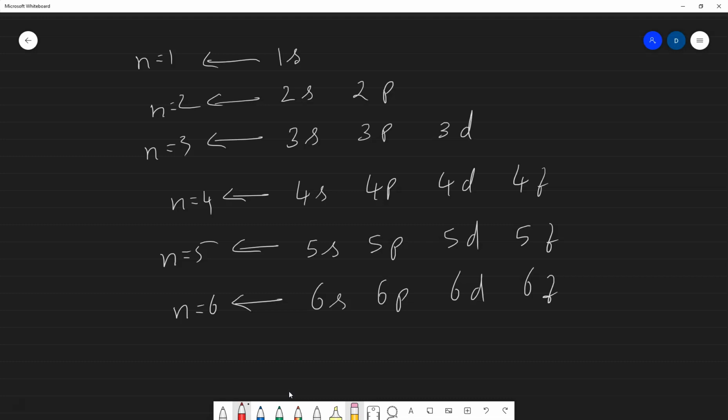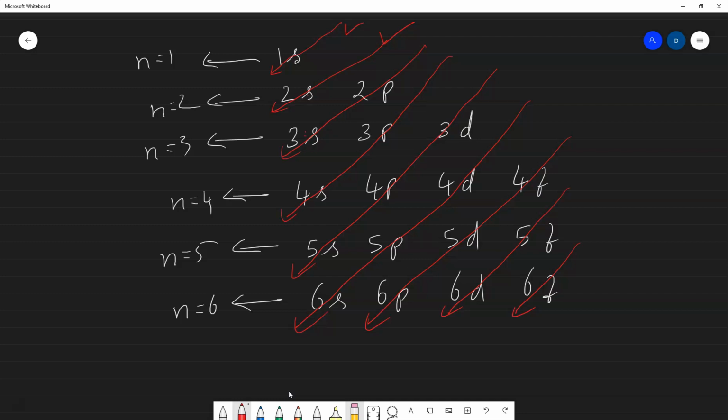Now put the arrows like this way. It means first fill 1s, then you fill 2s, then you fill 3s.